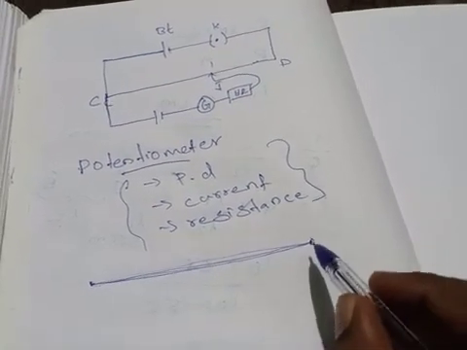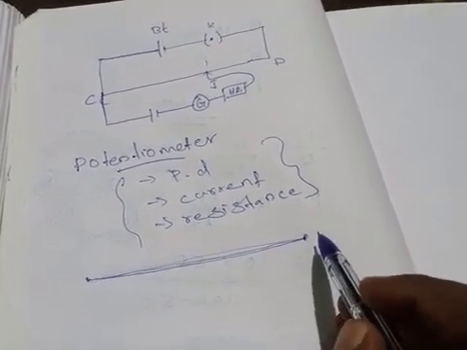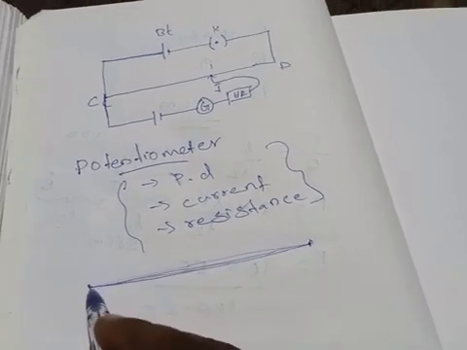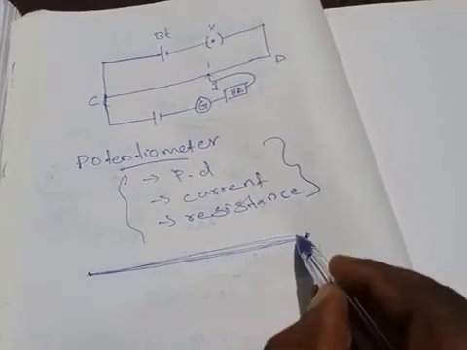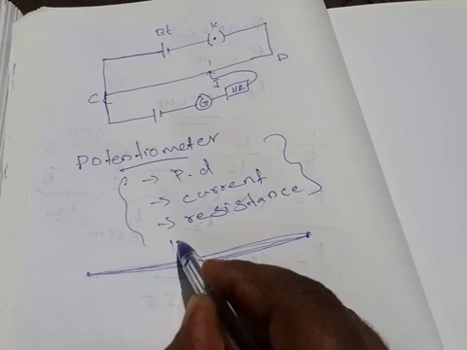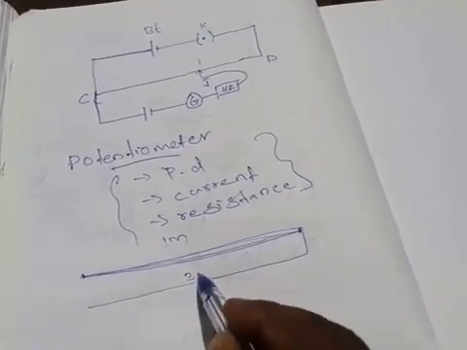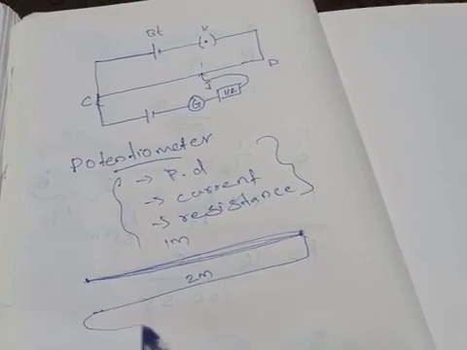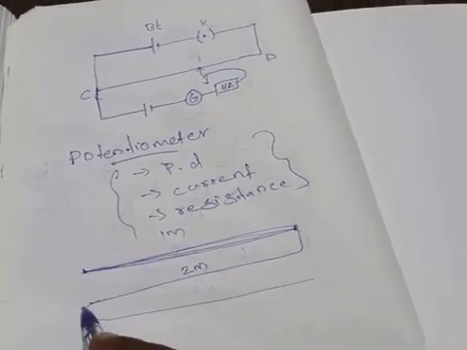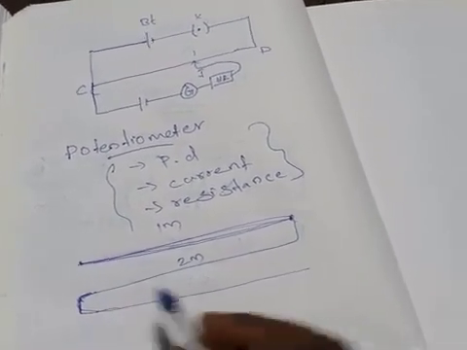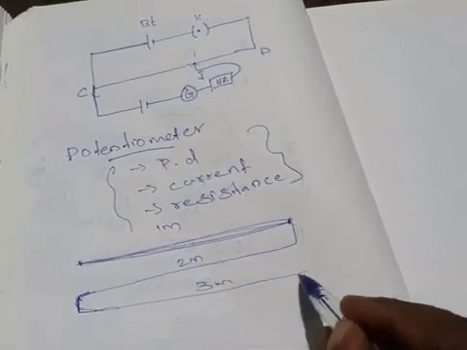And how it is made means, in parallel rows it is fixed like this. First row 1 meter, then this is the second row 2 meter, now third row like this. This is how it is constructed. 3 meter like this.